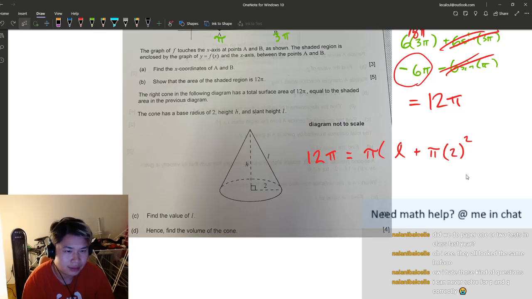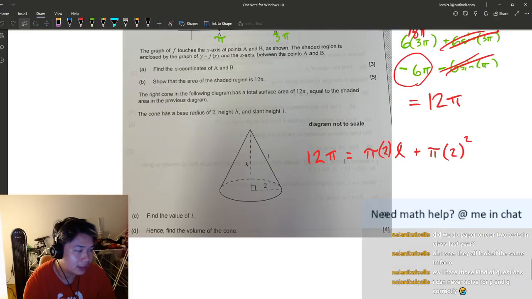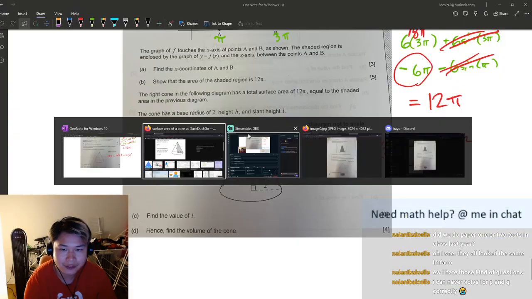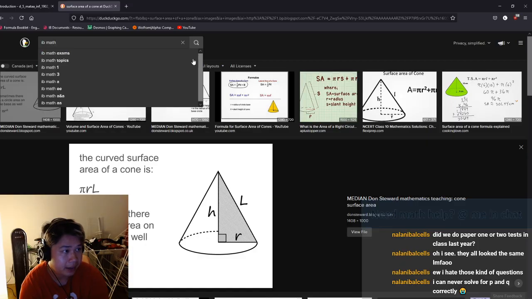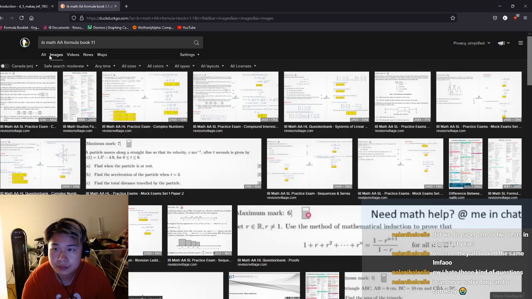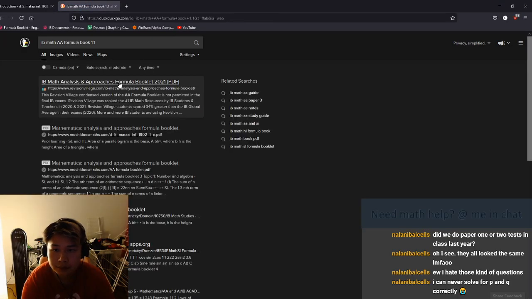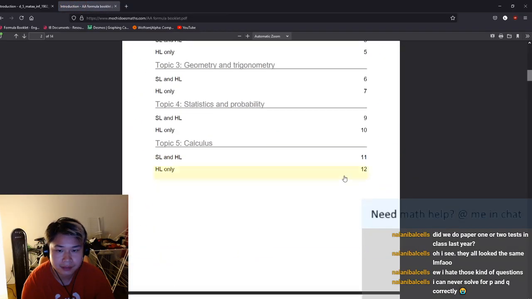Why did they give you the variable h if you're not going to use it? Now I'm wondering whether or not they give you this formula. I feel like they should though. Let's Google this. IB Math AA Formula Book 1.1.